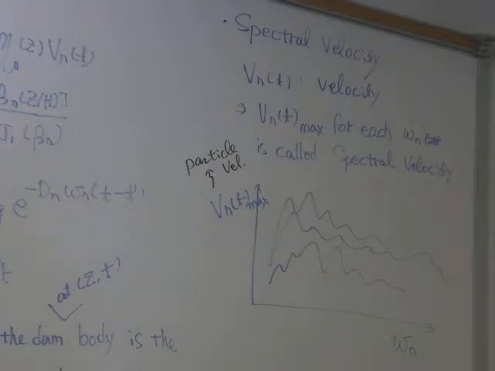Let's say I'm strong enough to vibrate the desk and all you guys at the same time. This desk will have its own resonant frequency, and you will have your own, you will have your own.